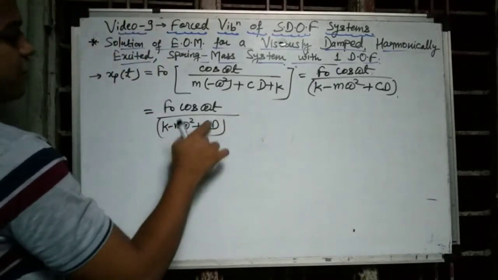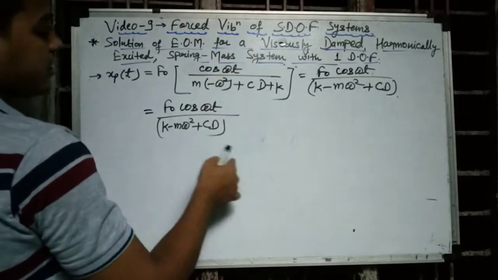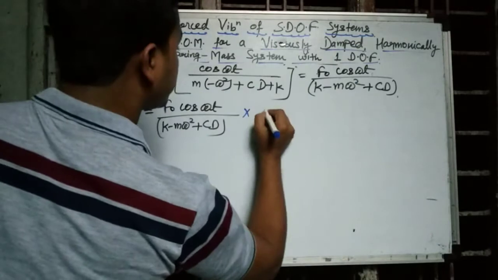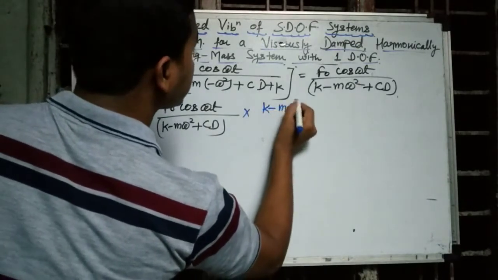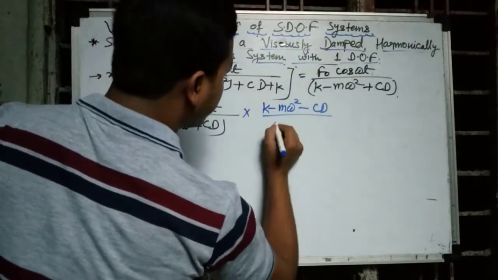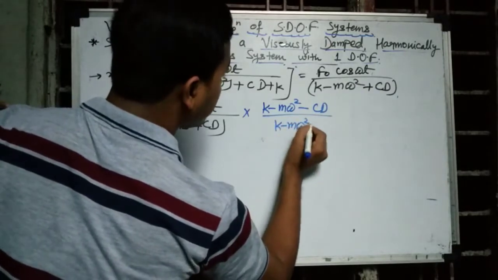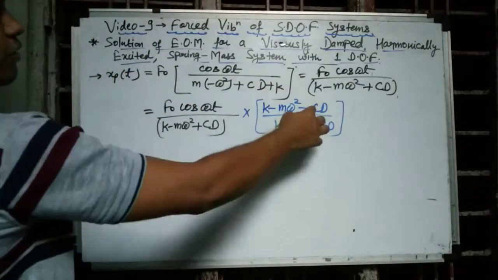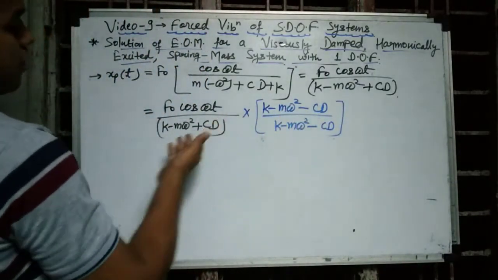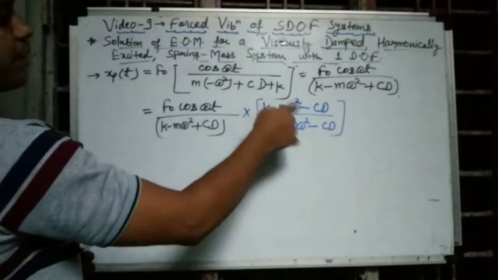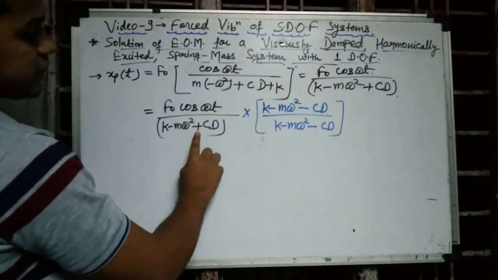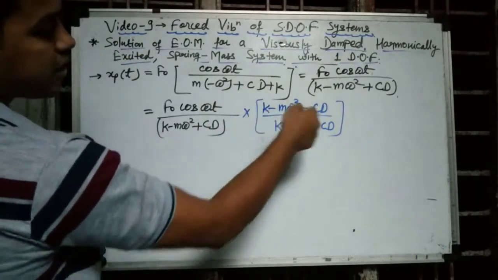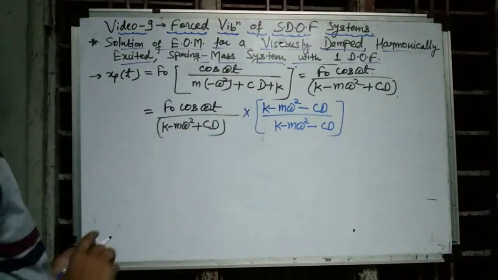So I'll change the sign of this expression and multiply and divide the expression by k minus m omega square minus CD. Can I do this? Yes, of course, because they both will be cancelled out, so I'm left with the same expression. So I can multiply and divide by changing the sign: this denominator k minus m omega square plus CD, I'll make it k minus m omega square minus CD.